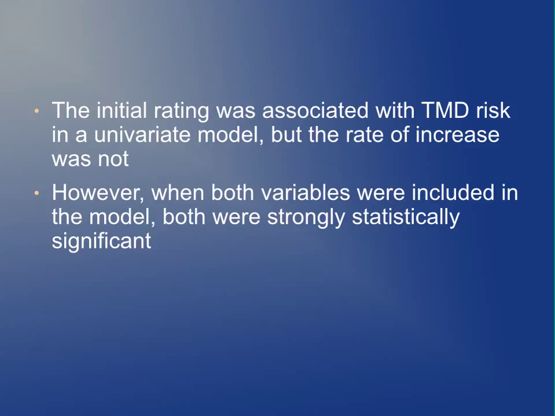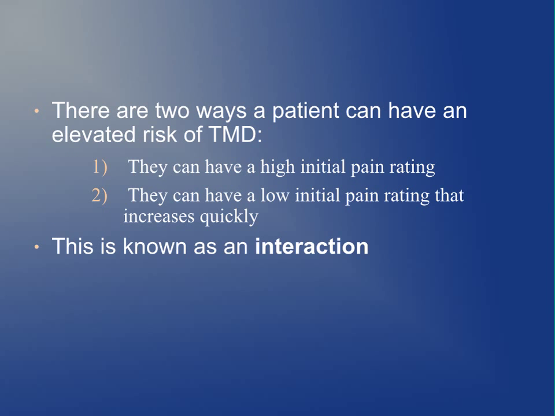And when we did regression on each variable one at a time, we found that the initial rating was associated with TMD, but the rate of increase was not. But when we included both the variables in the model, they were both very strongly significant. So what's going on there? In this case, there are two ways that a patient can have an elevated risk of TMD.